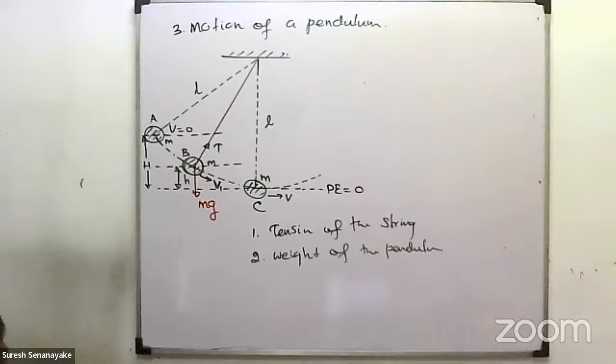Then the work done in the system is only by the weight of the body, or weight of the bob.